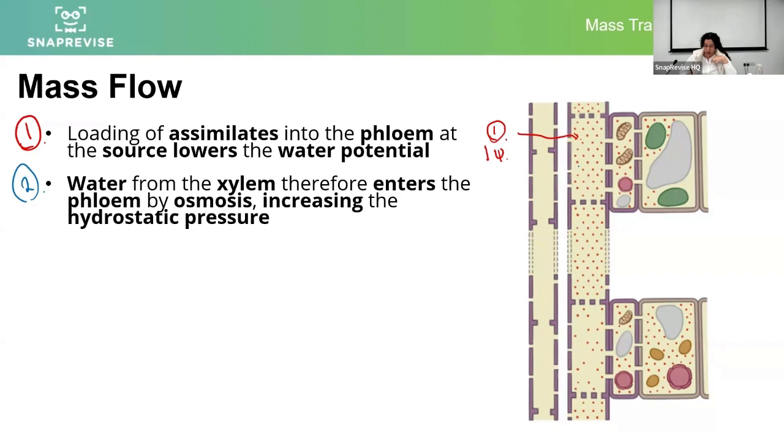Where is this water going to come from? It's going to come from the xylem, the closest source of water here. So this is the xylem, and this is my phloem, my sieve tube elements. Xylem is transporting water up from roots to leaves. So number two is that water is drawn in from the xylem and enters the phloem by osmosis, as always.